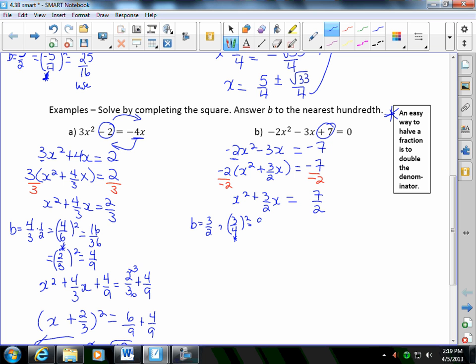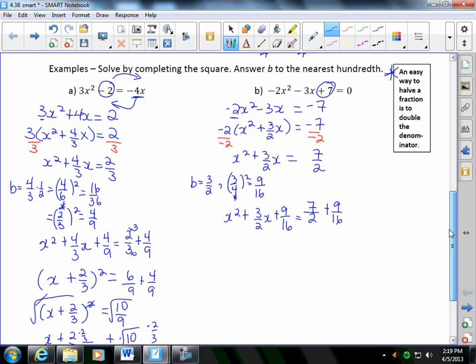Square it to get 9 over 16. So I have x squared plus 3 over 2x plus 9 over 16 equals 7 over 2 plus 9 over 16. So I have my perfect trinomial. This becomes x plus my keep value of 3/4.